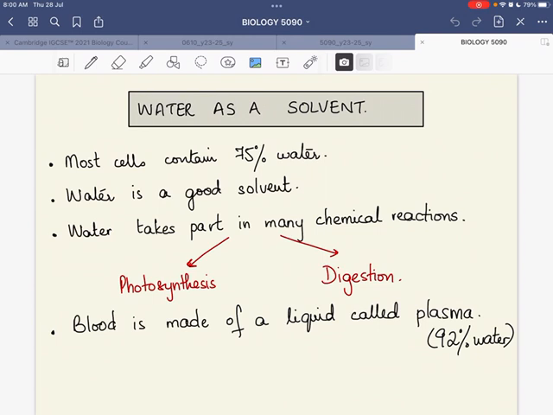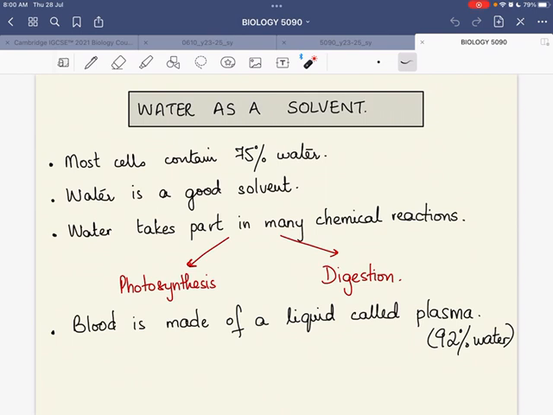As we all know, water is also a very good solvent, meaning that it can dissolve most of the substances available, except for some exceptions like oil, which cannot dissolve in water. Many substances can dissolve in water, showing us that it is a good solvent.